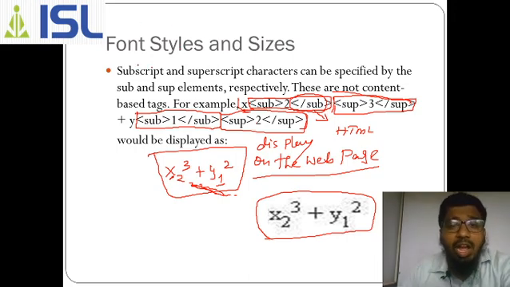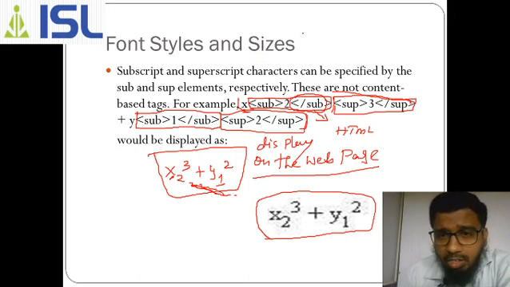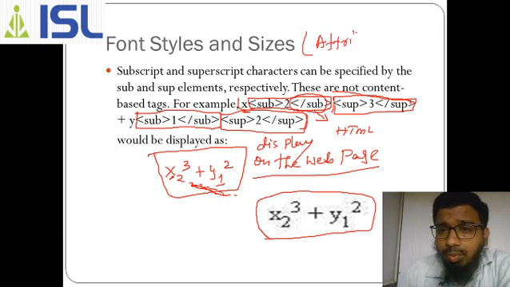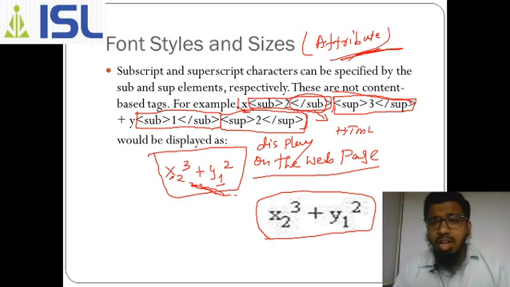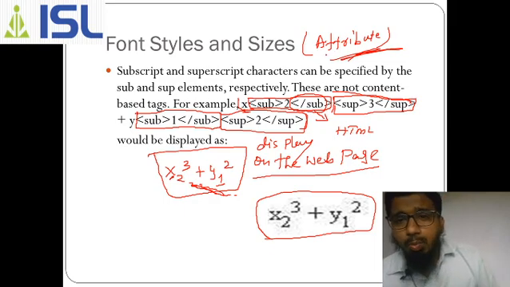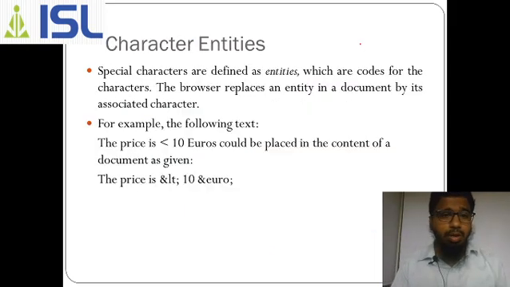With the help of attributes, we can change the font style and size. What is an attribute? I will tell you. Just remember, for changing the size, the style, the color, we can change with the help of attributes.